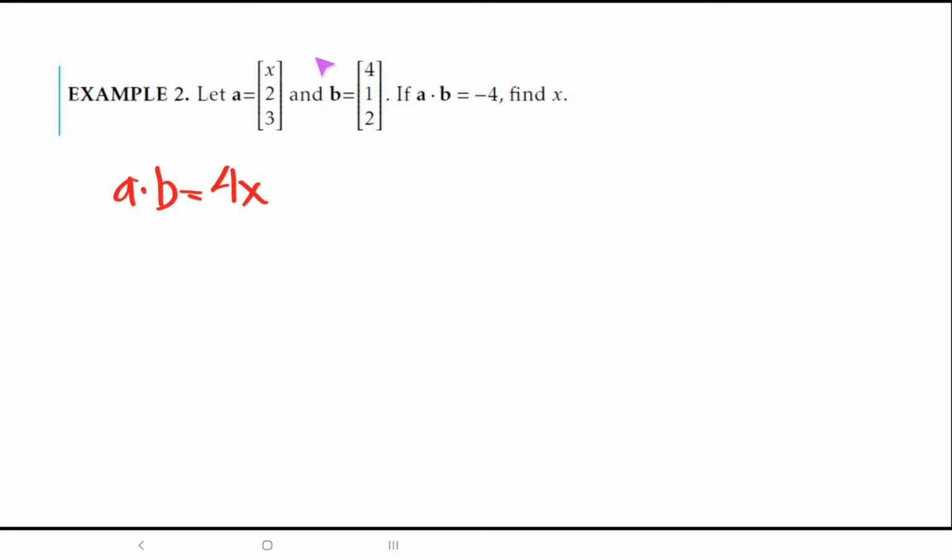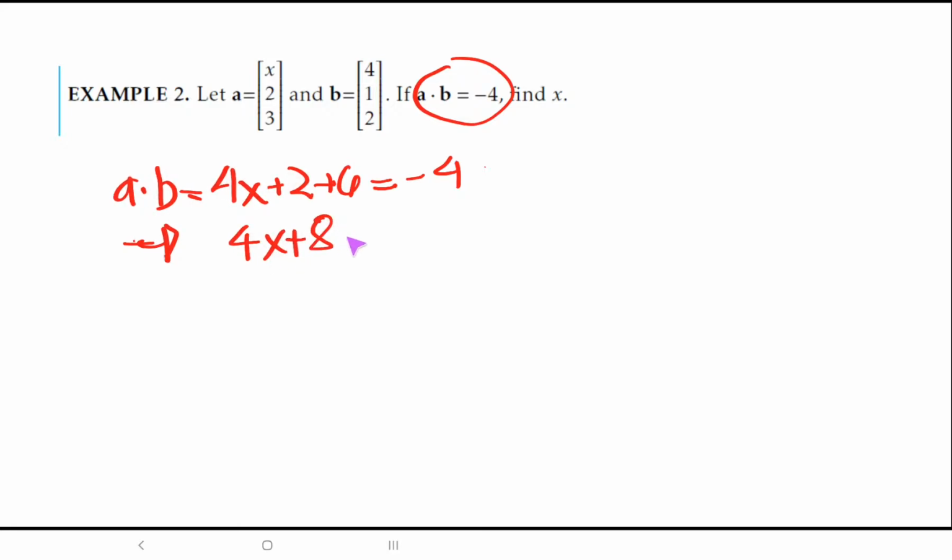So pag multiplyin lang natin yung corresponding elements, 2 times 1 is 2, and then 2 times 3 is 6, which is equal, sabi dito, equal daw siya kay negative 4. Okay, so simplifying, pagsamahin na natin, magiging 4x plus 8, which is equal to negative 4. So solving this equation gives us x equal to negative 3.